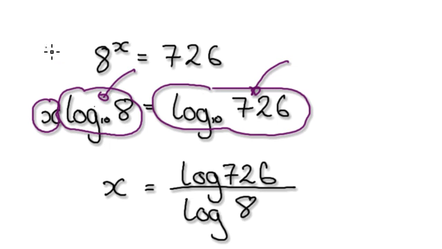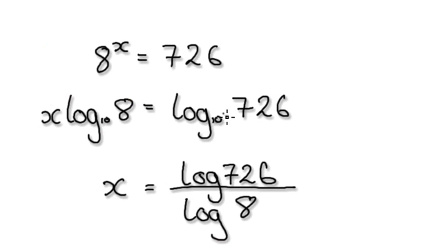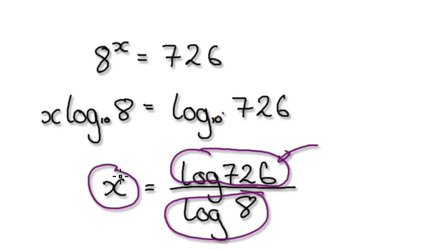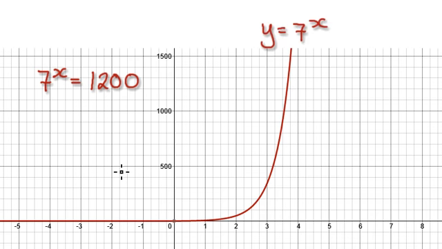So to get x on its own, divide this to both sides. So that will give you this. So get your calculator. It will work with log. You don't actually need the 10 there. It will default it as 10. So get your calculator, work this out, and then get this divided by this, and then that will give you your x.